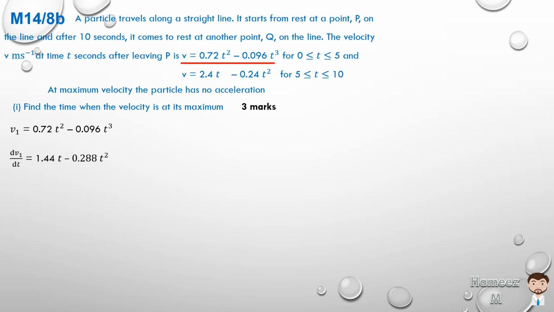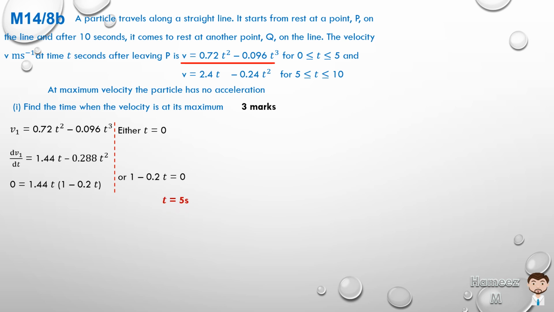And we know for maximum, d/dt of v1 is 0, so we can substitute 0 equals, and we could factorize by pulling out 1.44t, leaving in brackets 1 minus 0.2t. So either t is equal to 0 or 1 minus 0.2t is equal to 0, which means if we carry it across and solve for t, t is equal to 5 seconds.